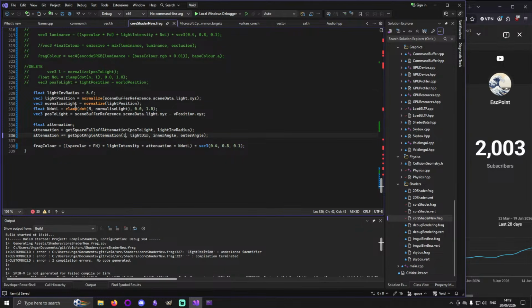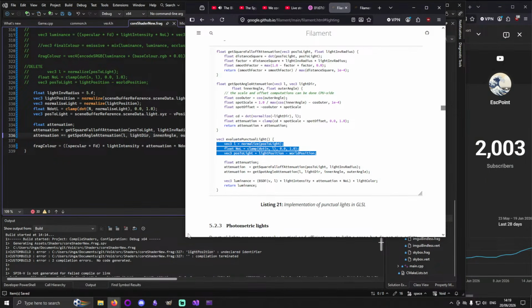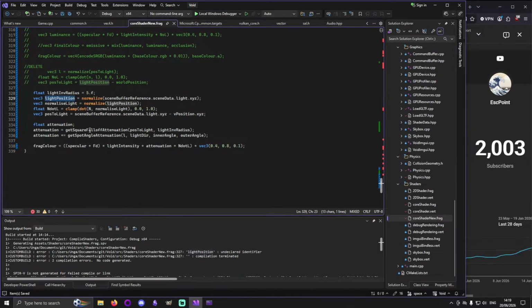We have L, which is, what is L? So that is not light position. This is just light now, and that also breaks. Okay, so we don't have light position. So get rid of L for this, and light direction, I think we can set this ourselves.